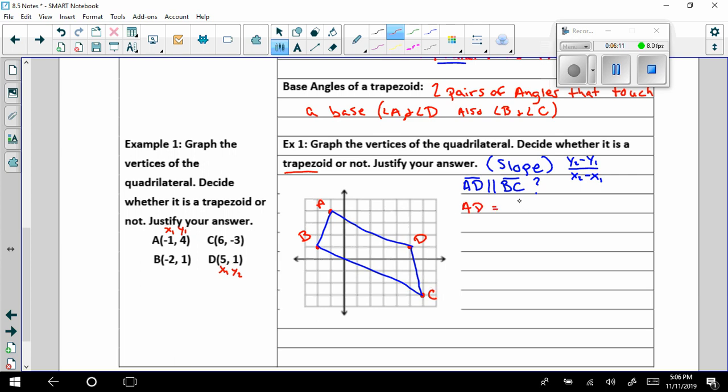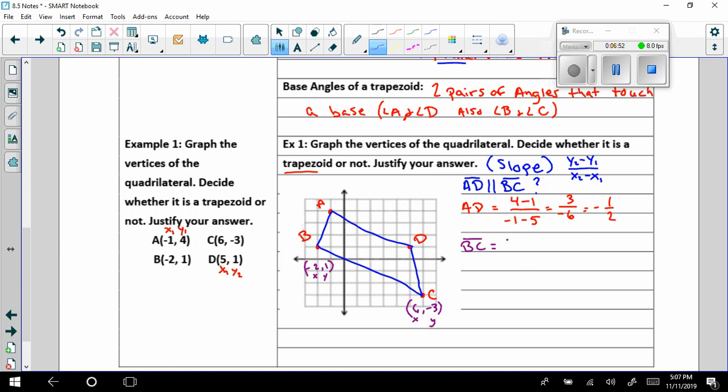So 4 minus 1 over negative 1 minus 5 is 3 over negative 6, which reduces to negative 1/2. So that's AD. BC, my point here is at negative 2, 1, and then I have another point down here at 6, negative 3. So again, x y, x y, make sure you get them put in the right spot.